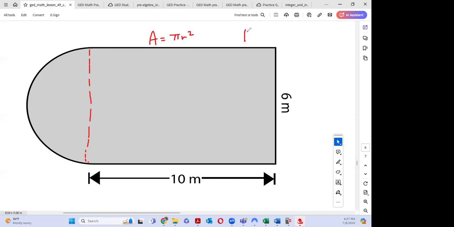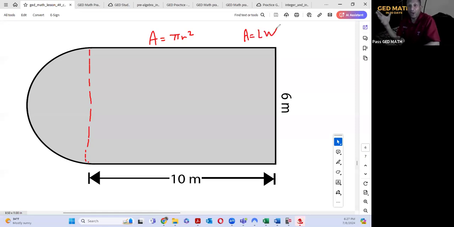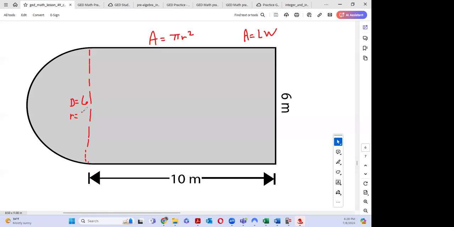The area of a rectangle is length times width. Always identify what you know. So we know the rectangle is 6 by 10. We know the diameter for this circle is 6. If the diameter is 6, the radius is half, which is 3, not 3 squared.